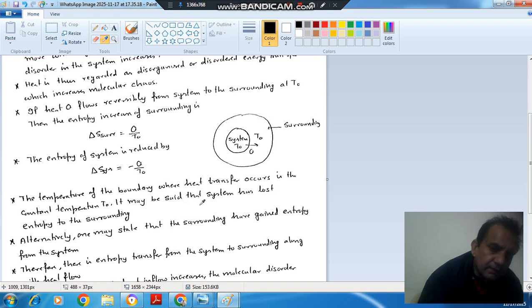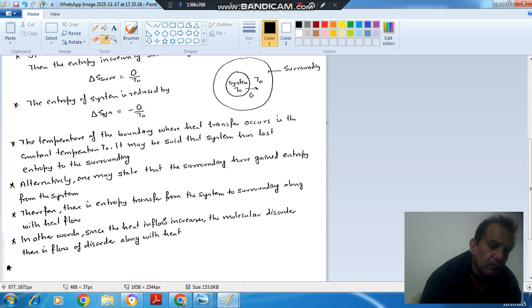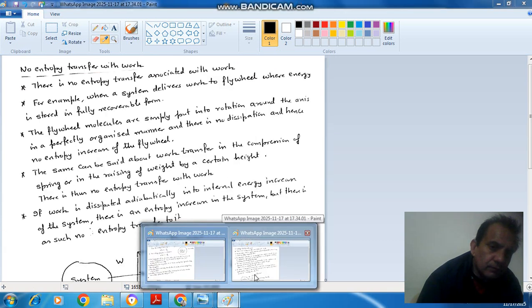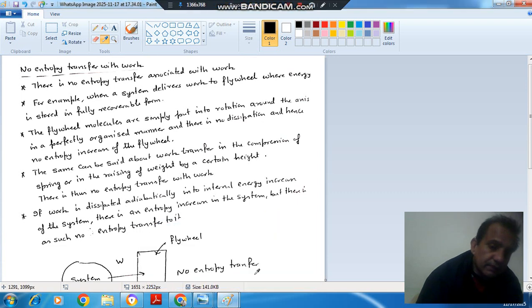It may be said that the system has lost entropy to the surrounding. Alternatively, one may state that the surrounding has gained entropy from the system. Therefore there is entropy transfer from the system to the surrounding along with heat flow. In other words, since heat inflow increases molecular disorder, there is flow of disorder along with heat.